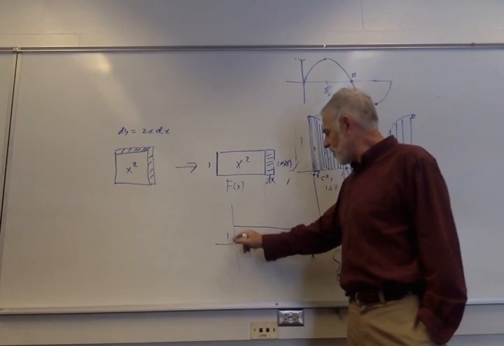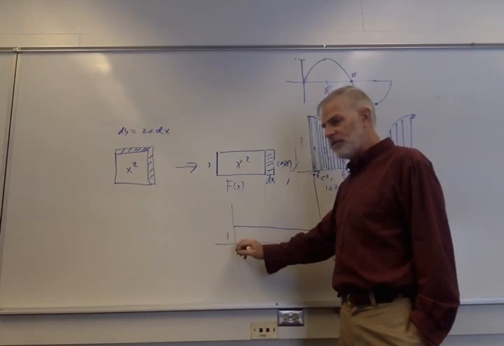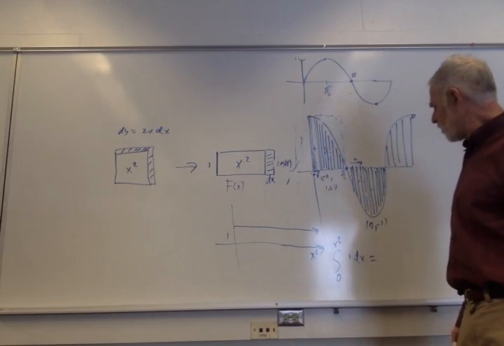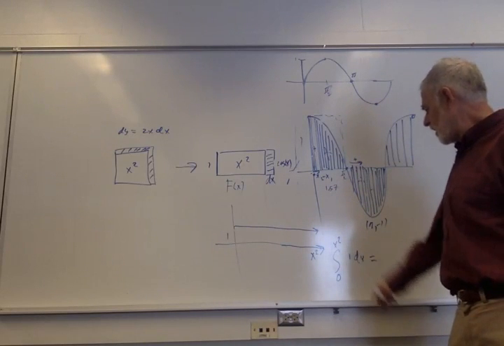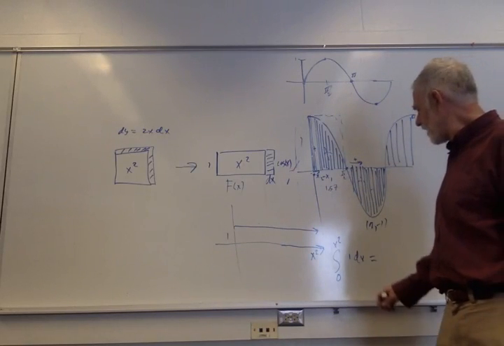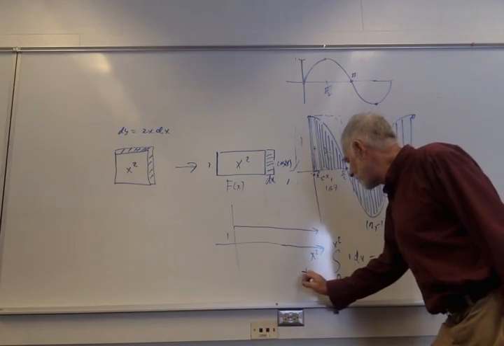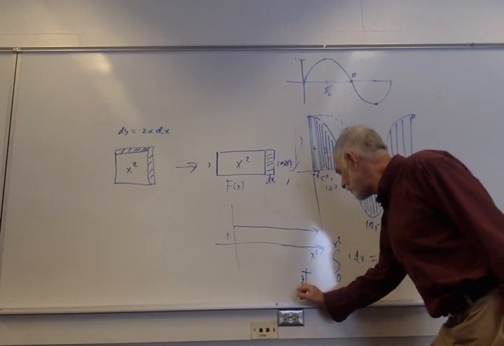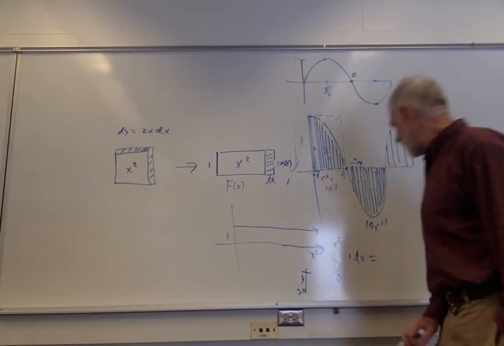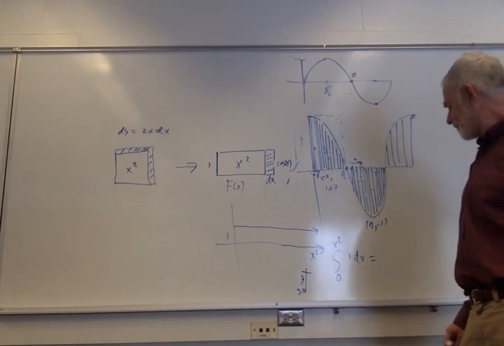Well, from 0 to 0, there's no area accumulation. But let's actually let x equal 3. And let's talk about how things are changing. All right, let's let x equal 3, like we did over there. And then let's look at 3.01. That'll be interesting.